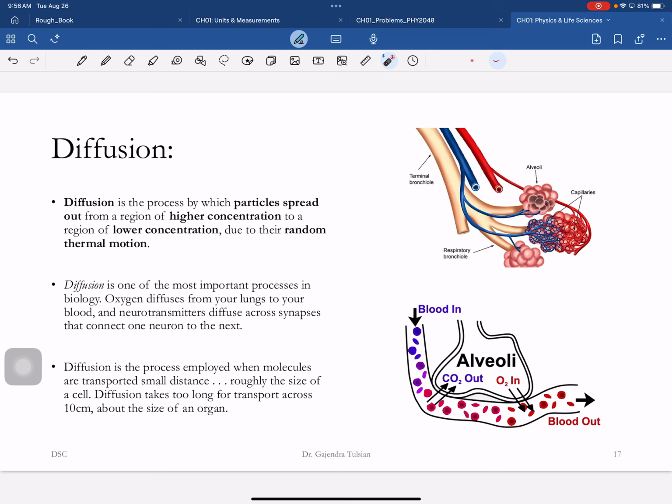When your heart pumps out the blood, the blood coming out of your heart is moving at about 1 foot a second. If the blood flowed that fast here, there wouldn't be enough time for diffusion to take place.